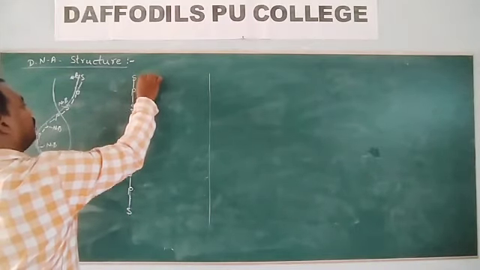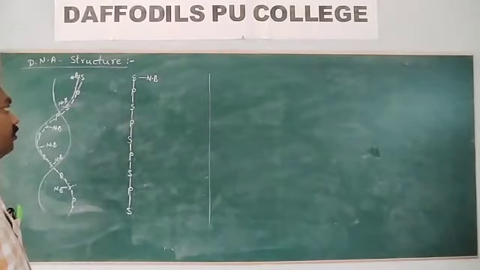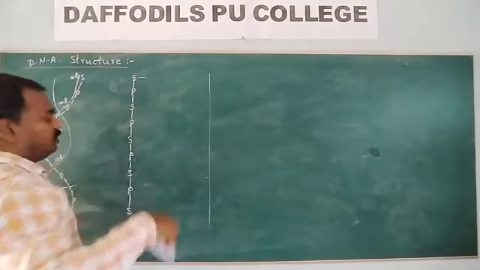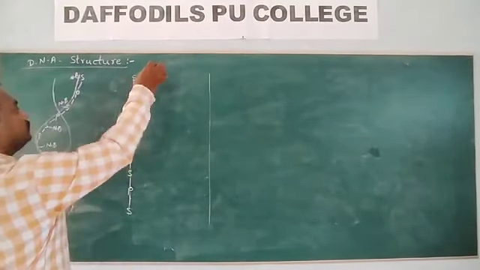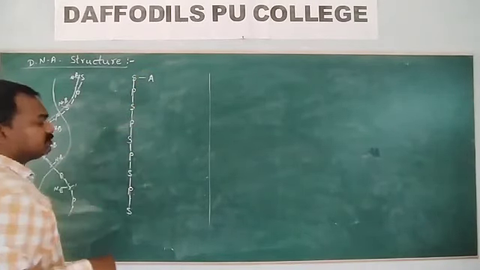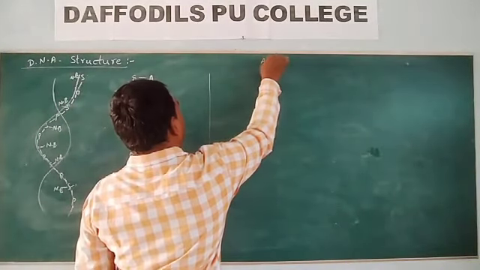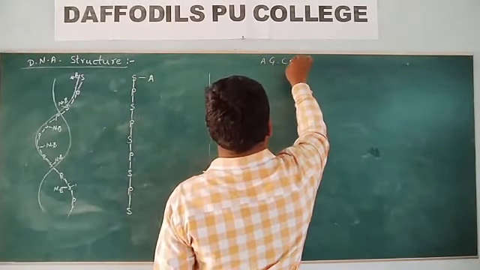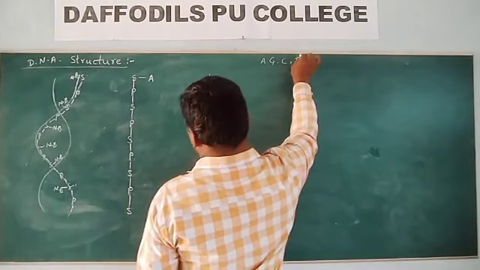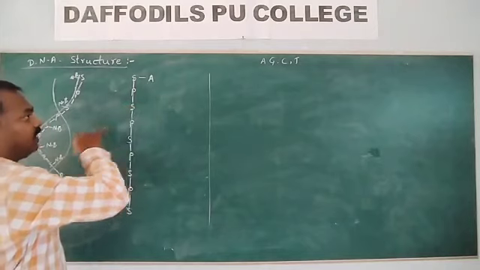These sugars are bonded with nitrogen bases. In DNA, what are the nitrogen bases present? Adenine, guanine, cytosine, and thymine.